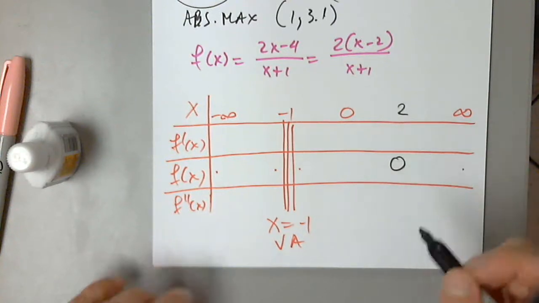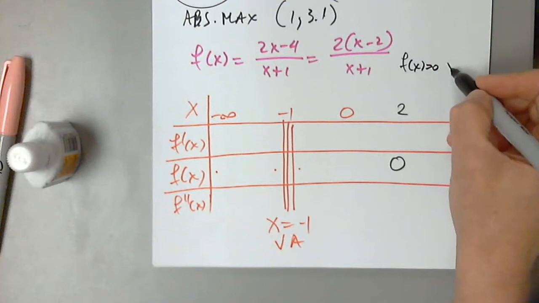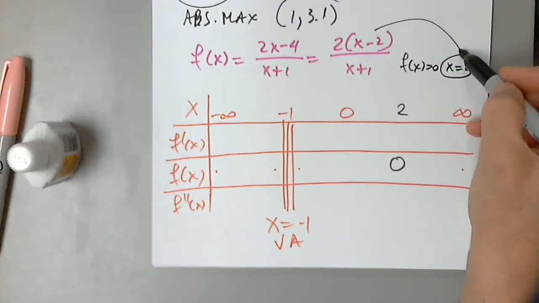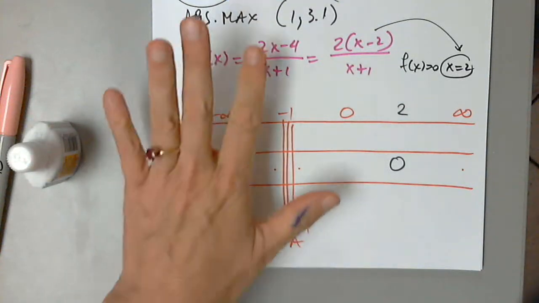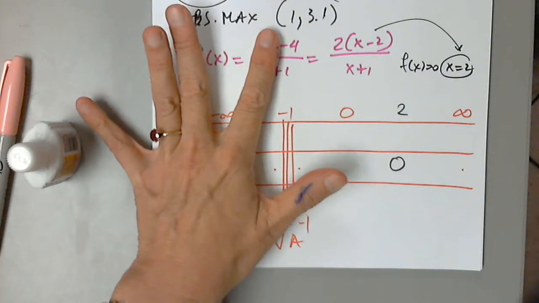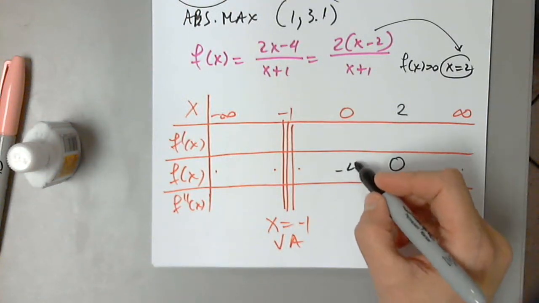Very good. When the numerator is 0. So f of x is 0 when x is 2. It comes from here. Only when the numerator is 0, a fraction is 0. And now let's plug in 0. So please plug in 0. What do you get? -4.